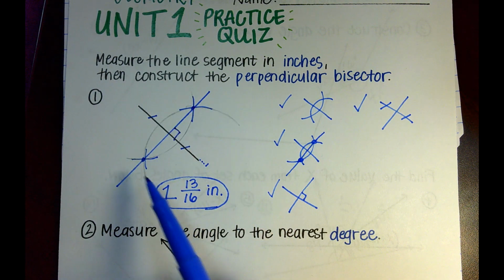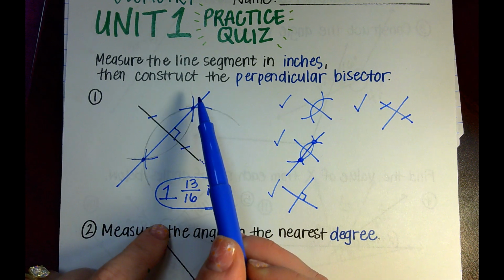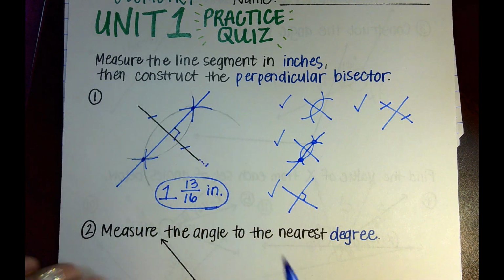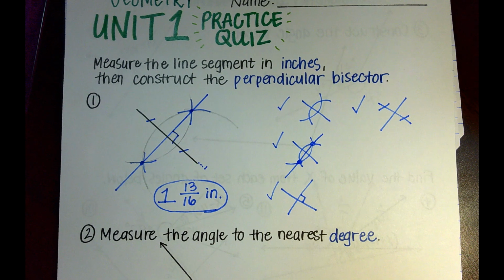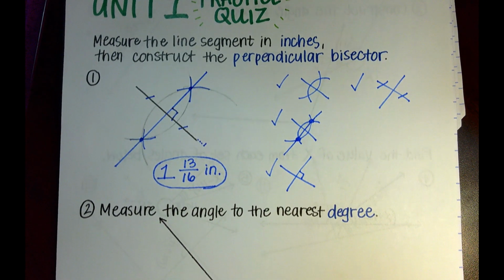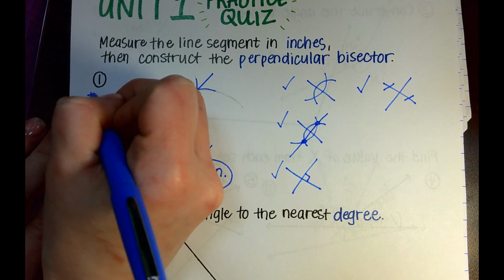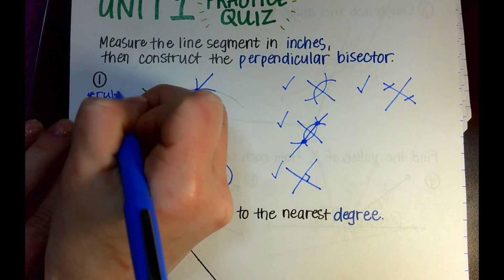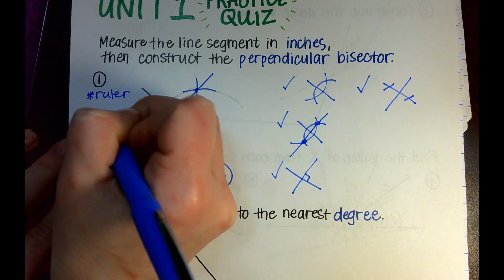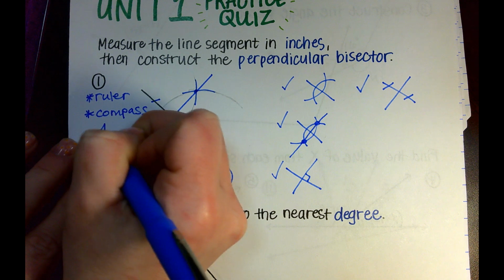You're going to have a little more luck if you're feeling unsure doing the whole semicircles, but you don't have to have the semicircles, okay? Any questions on number 1? Okay. And we need, for number 1, a ruler, compass. Just writing that so that you know.